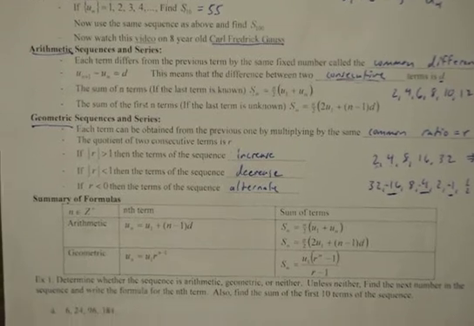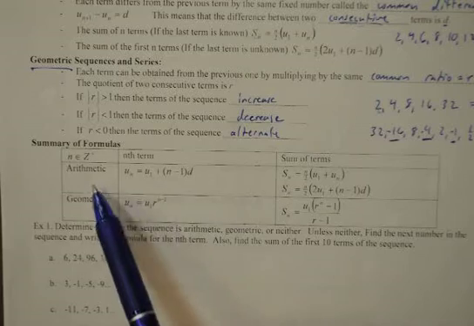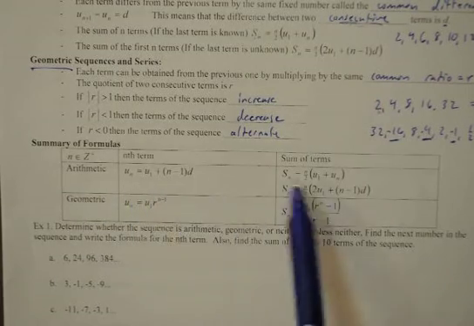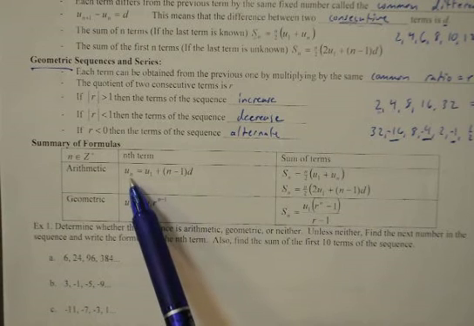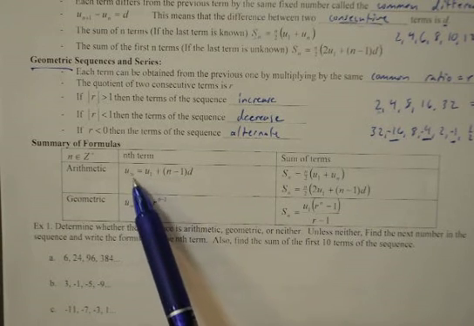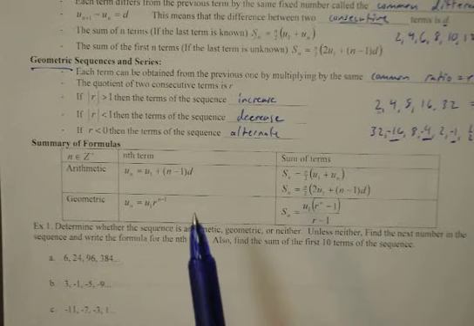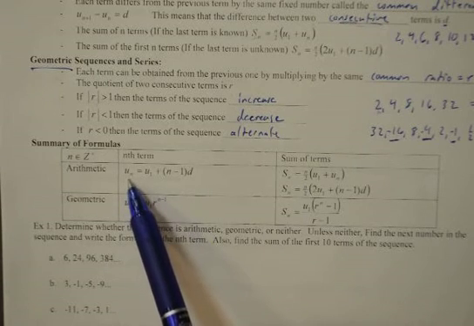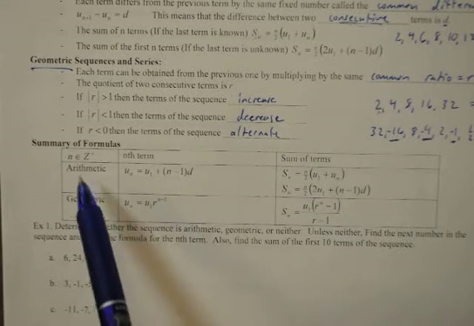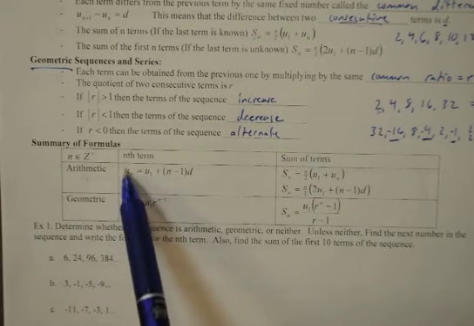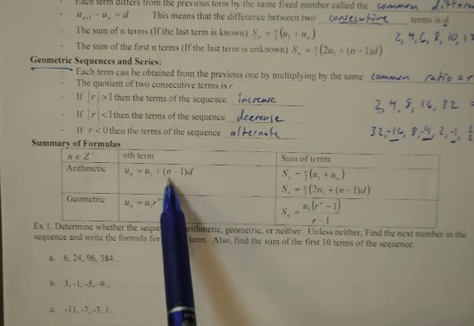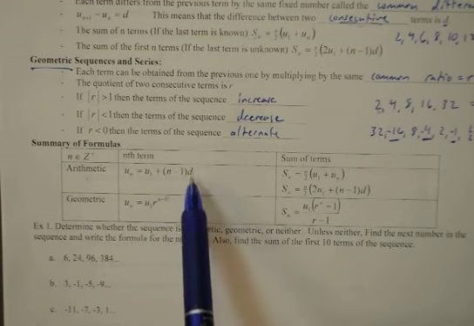Alright, here's the summary of all of your formulas. Here's your arithmetic, and again, this is in your formula packet, so you do not have to memorize these. This is for the nth term. If you want to find, maybe I want to find the 10th term of a geometric sequence, or the 51st term of an arithmetic sequence, I can use this formula where I just plug in the first term, I plug in the number of terms I want, and I plug in the common difference.